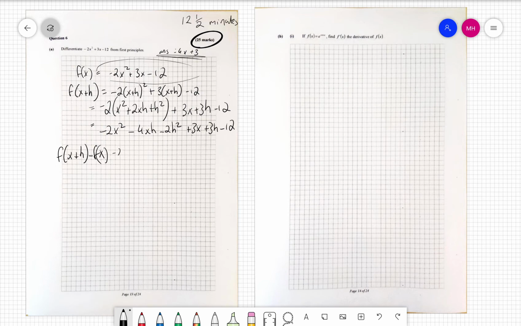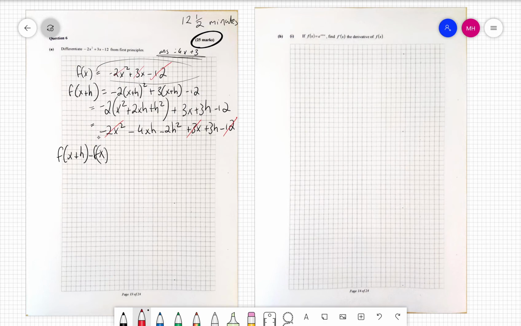So minus 2x squared minus 2x squared, well, they're going to cancel. Plus 3x minus the plus 3x, they're going to cancel. And the 12s are going to cancel as well. You've got minus 12, and it's going to be minus 12, which is plus 12, so that's going to cancel.